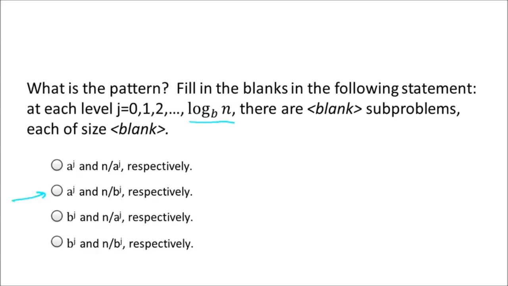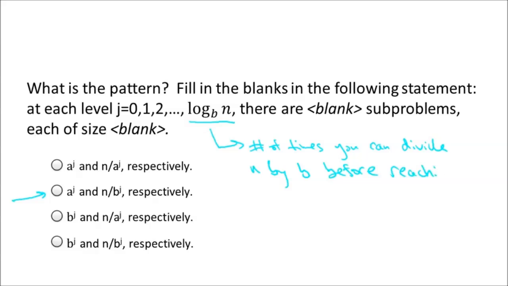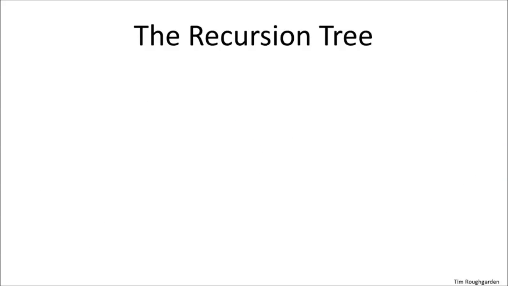Back in merge sort, b was 2, we recursed on half the array, so the leaves all resided at level log base 2 of n. In general, if we're dividing by a factor b each time, then it takes log base b of n times before we get down to the base cases of size 1. So the number of levels overall is 0 through log base b of n, for a total of log base b of n plus 1 levels.